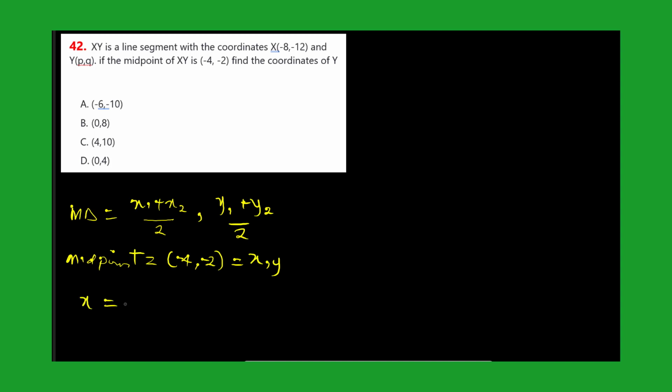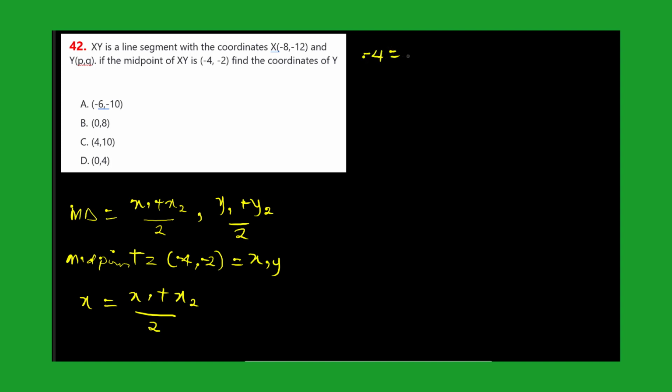So x equals (x1 plus x2) divided by 2. Our x here is minus 4.